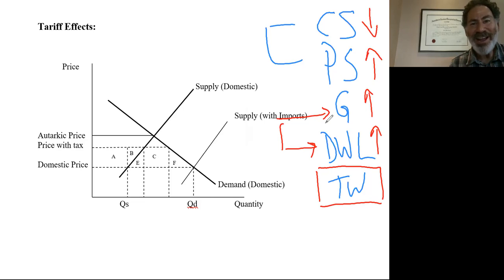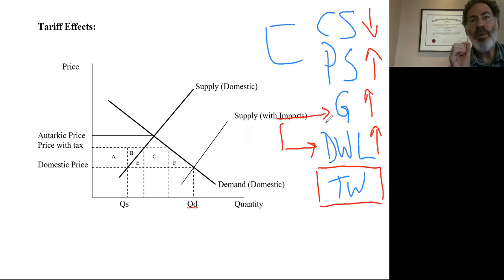Whichever one is greater has the overriding impact. So if there's only a small deadweight loss, but a large increase in government revenues, there may actually not be a decrease in our total welfare. You don't have to go any further than that.